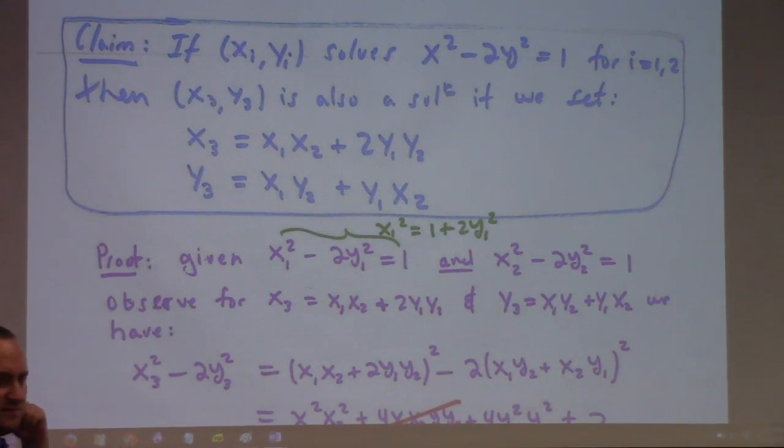Can you see what that is in terms of the number system Z adjoining the square root of 2? Where's that x3 coming from? Like, if you take x1 plus y1 root n, and you have x2 plus y2 root n, what happens when you multiply these?